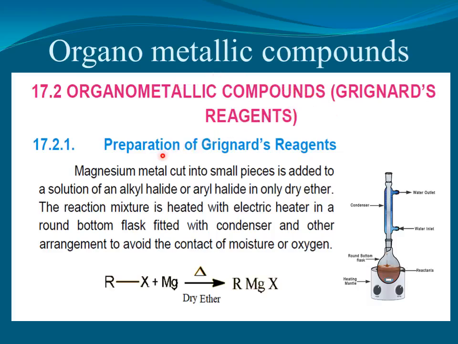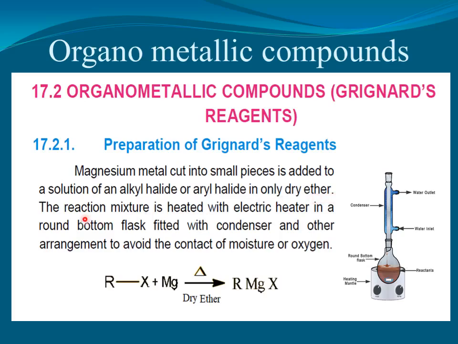Now students, let us see how this Grignard's reagent is prepared. Magnesium metal is cut into small pieces and is added to a solution of alkyl halides or aryl halides in dry ether. Over here we are using ether as a solvent, but the term dry ether means that this ether should be moisture free, no water should be present.